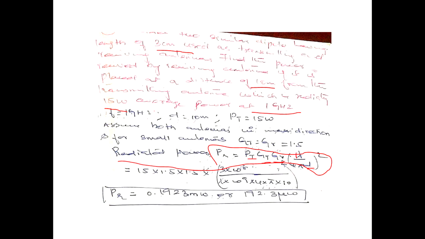Lambda is the wavelength, which can be calculated using the formula C by F. By substituting all the given values, PT is 50 watt, GT is 1.5, the frequency is 1 gigahertz, and the distance is 10 meters. You can calculate the received power, which is 192.3 microwatt.